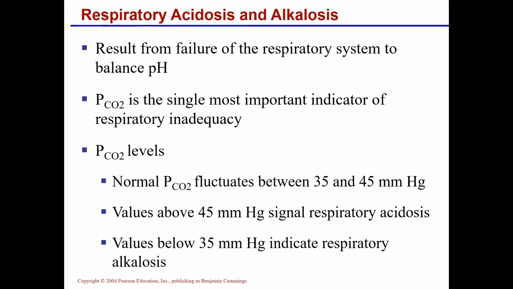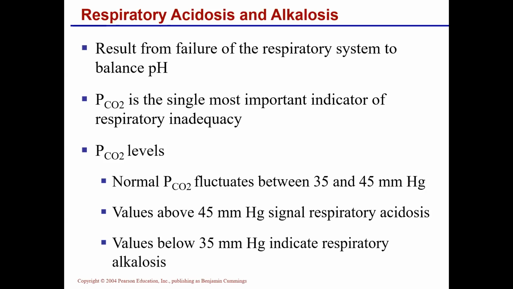Okay, so there are conditions of abnormal blood pH. One is called acidosis. That means too many hydrogen ions. Or it is called alkalosis. That means there are not enough hydrogen ions. Okay, pH is too high.